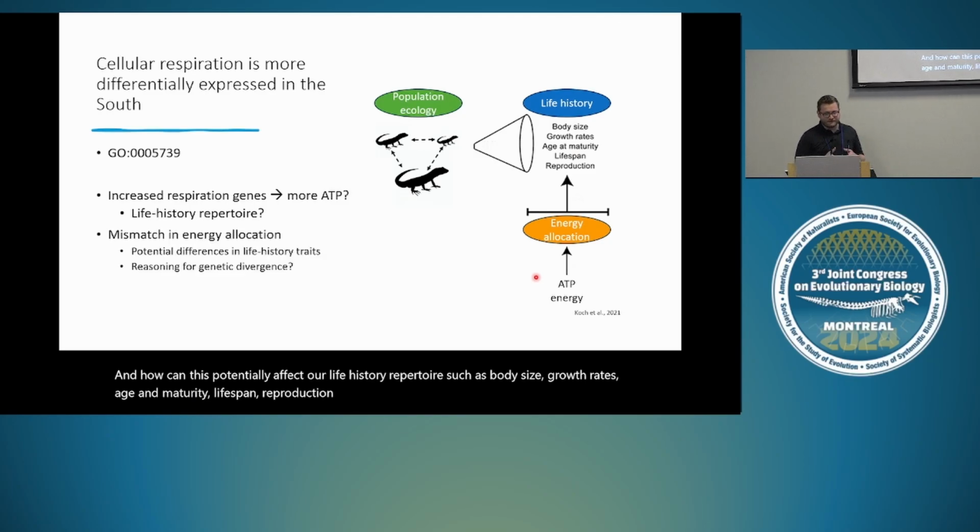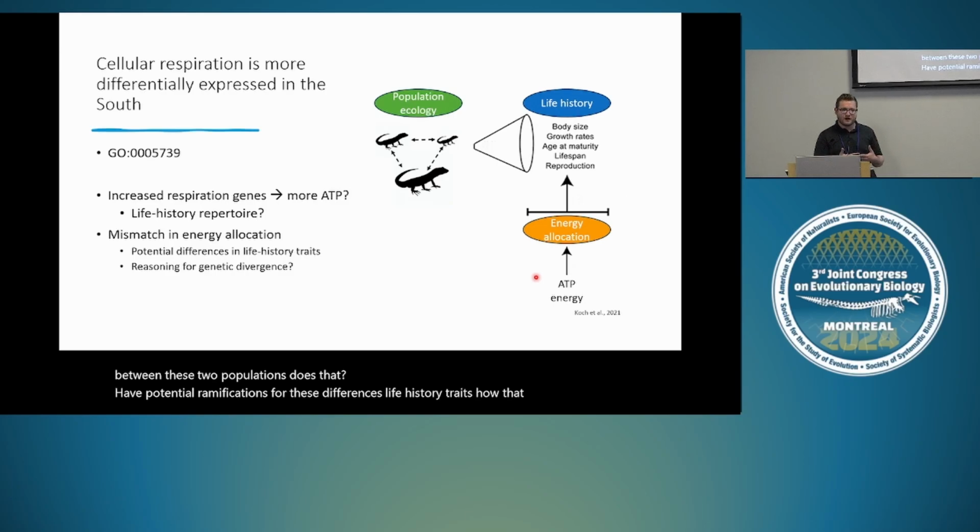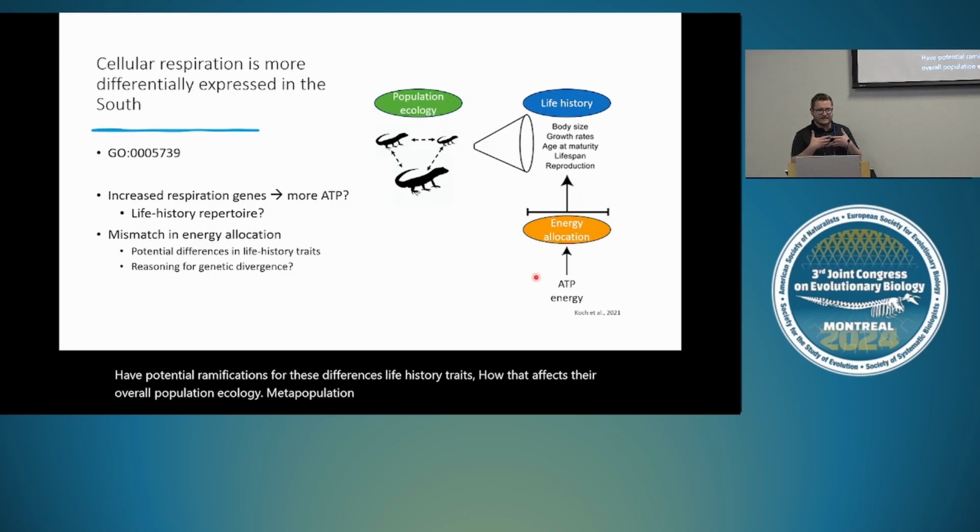And also, if there's a mismatch in energy allocation between these two populations, does that have potential ramifications for these differences in life history traits, for their overall population ecology and metapopulation dynamics, and is this a potential reason for the genetic divergence seen in the mitochondrial data of these species along the Baja California Peninsula?